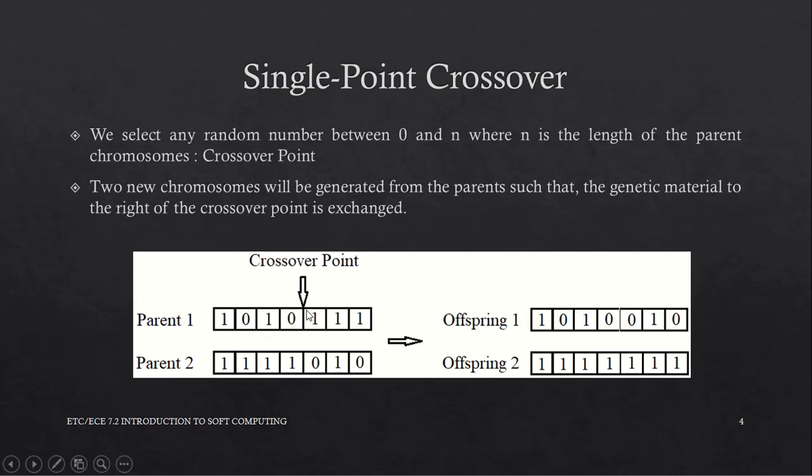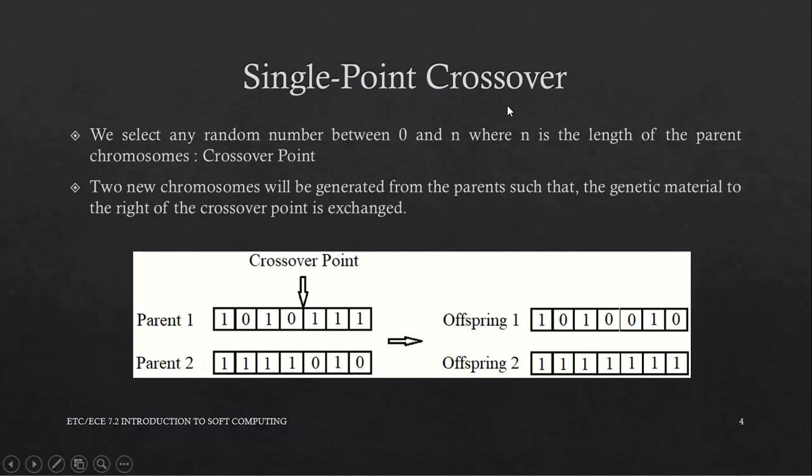Then we see that the offsprings are generated such that segments after the crossover point 0, 1, 2, 3, that is 111 is exchanged with 010. And the new individuals are 1010010 and 1111111. This is the single point crossover.